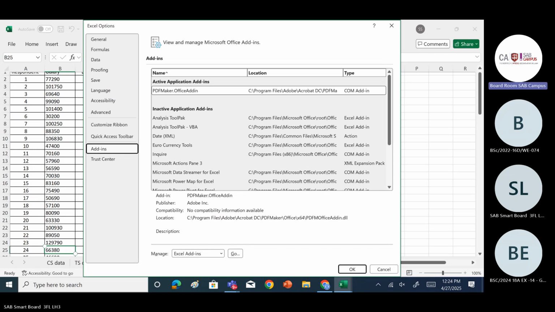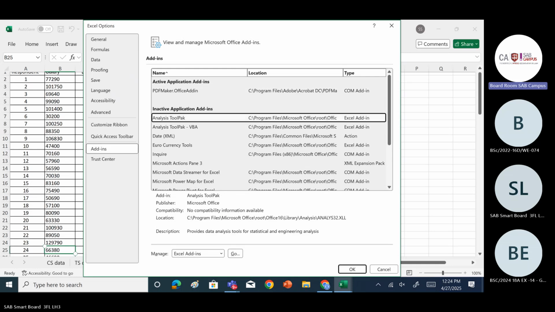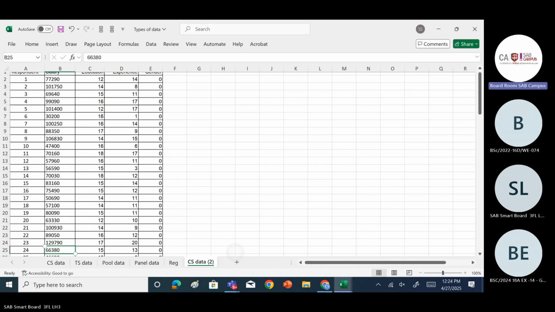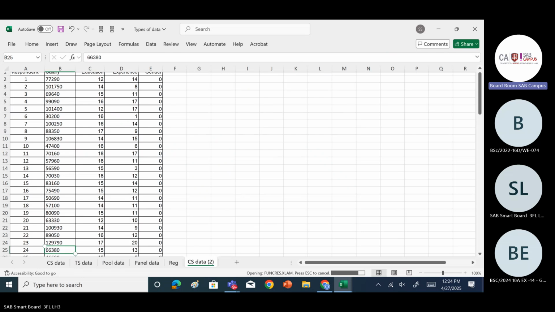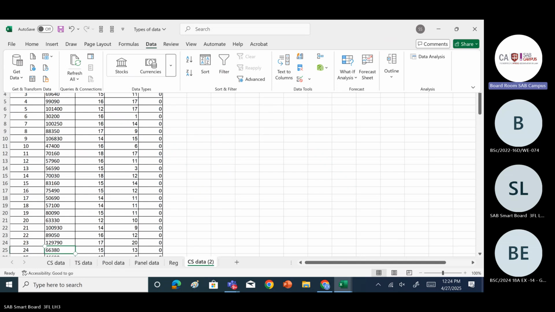Once you click on Add-ins, select Analysis ToolPak, the first one, and then Excel Add-ins, Go. Then you can select the Analysis ToolPak, then OK. So then you can identify the Data Analysis tab here.